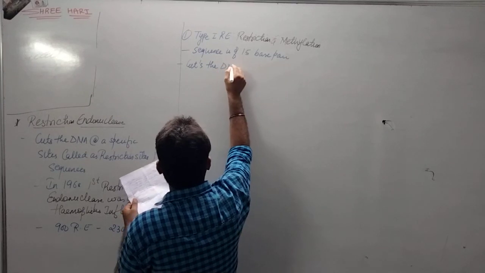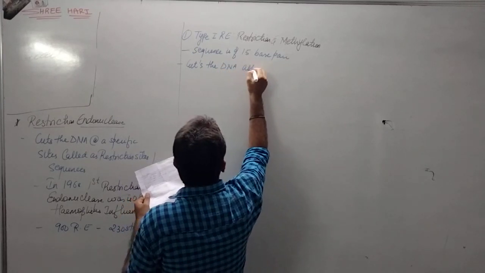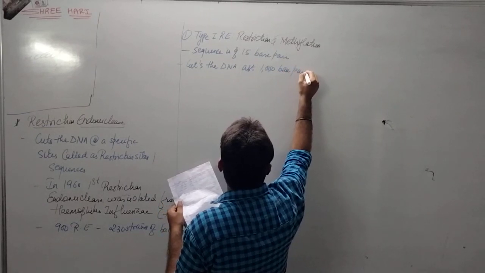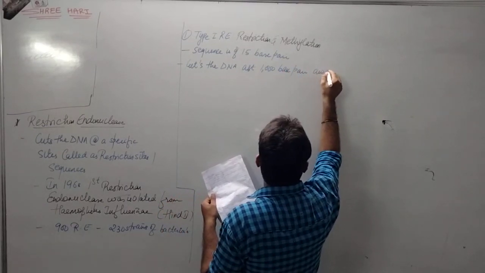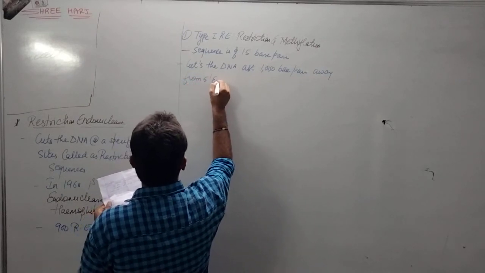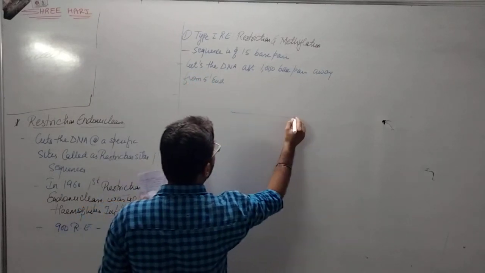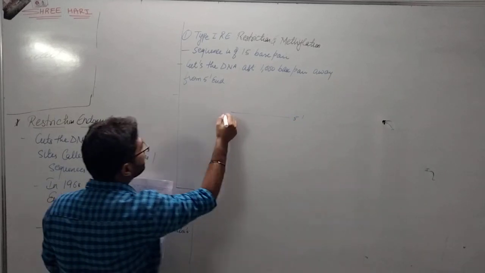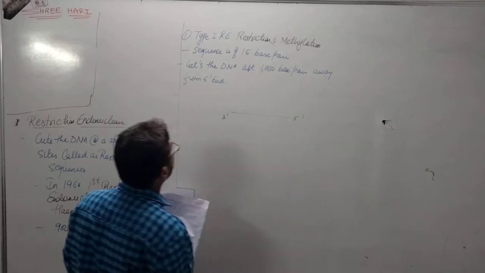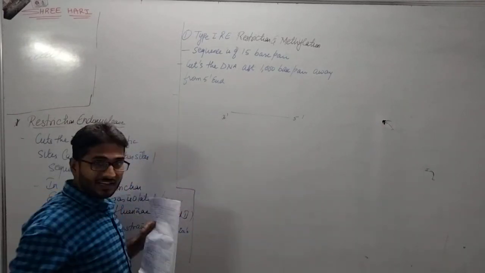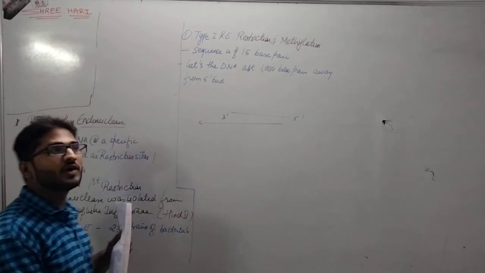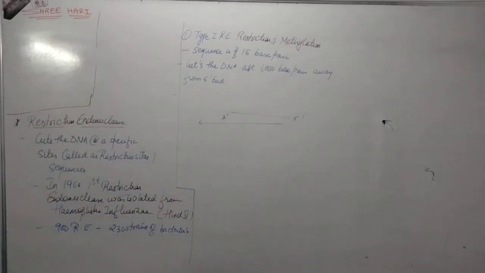That means, for example, if this is the 5' end of the DNA and this is the 3' end, only one strand, one template, we are talking about. So type 1 RE cuts the DNA about 1000 base pairs away from the 5' end.